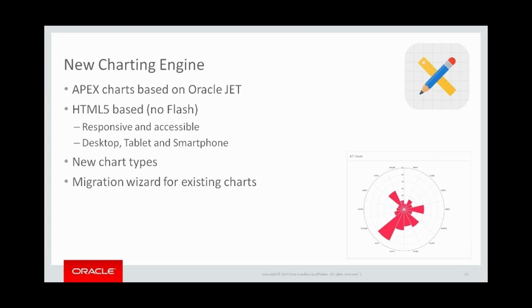The JET charts provide a variety of charts, like here's a polar chart example, but also bubble charts, bar charts, line charts, various combinations. And Apex 5.1 will make these charts available to you in a declarative manner. So as always with Apex, you will simply provide a SQL query as the data source, choose the chart type, configure it, and you're off to go.